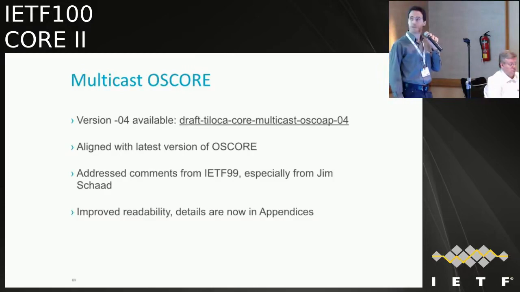Plus, of course, this version is already aligned with the latest OSCORE that Francesca just presented. Finally, we also addressed all comments we got in Prague, especially from Jim. Thanks again for that. That's version 4 online.